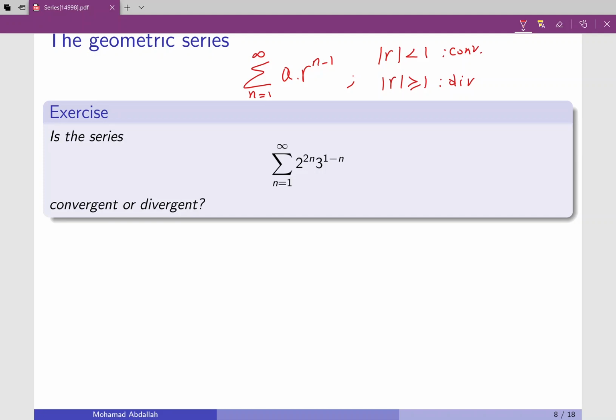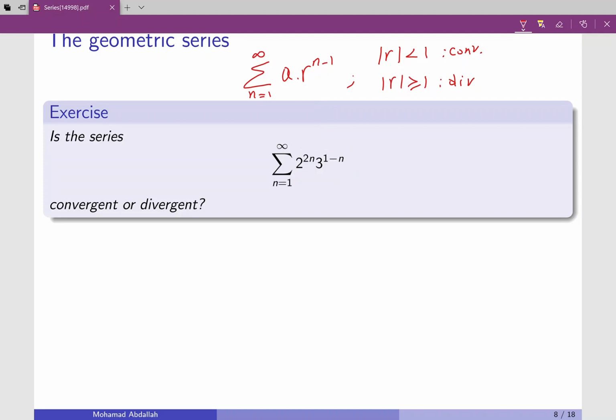Okay, so I have in front of me a sequence. Well, the sequence term is 2 to the power 2n multiplied by 3 to the power 1 minus n. What I want to do here is try to write this in this form. I think we should be able to make it because I'm taking the product of two exponentials.